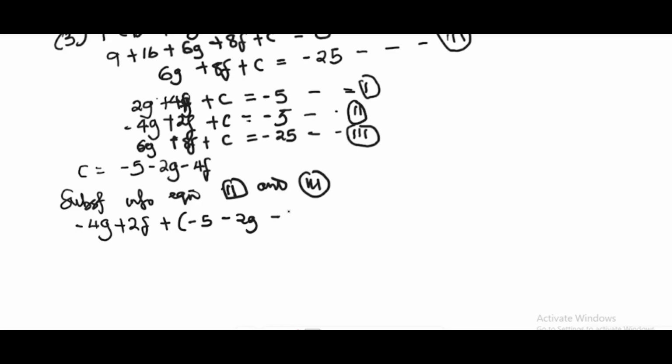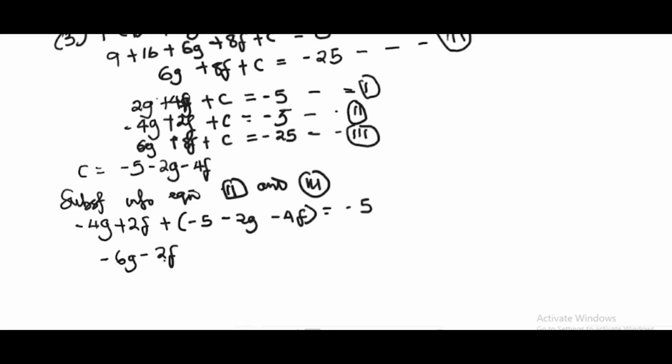5. So going further, if I collect like terms, minus 4g minus 2g will give us, because it's plus that is opening the bracket, so plus times minus, the minus will still be retained. So we have minus 6g plus 2f minus 4f becomes minus 2f.